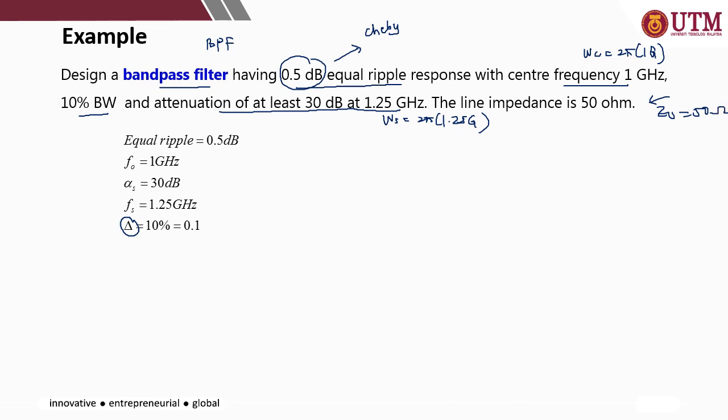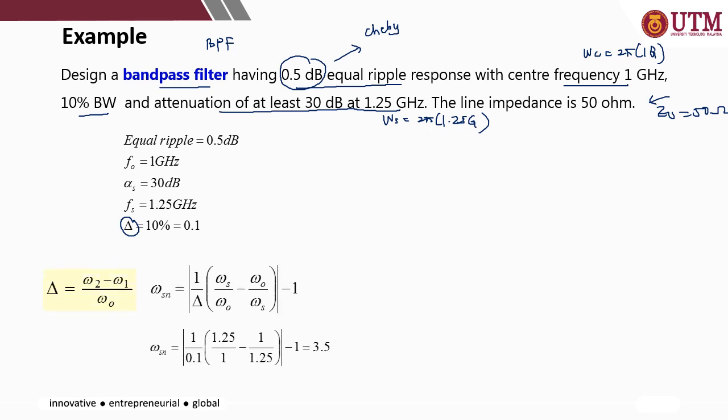As usual, the first step is to calculate the N. To get the N from the graph, you need the omega Sn for the band pass filter. In the band pass filter omega Sn calculation, you need to consider the fractional bandwidth value, which in this case is given as 0.1. Then you have the omega S and also the omega naught, which is the center frequency.